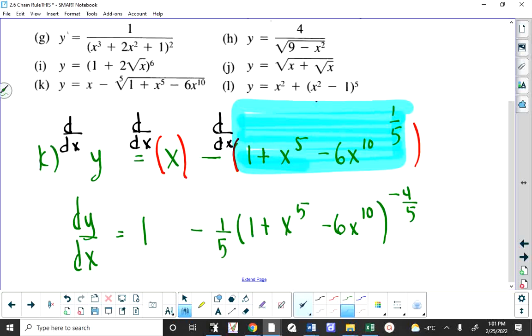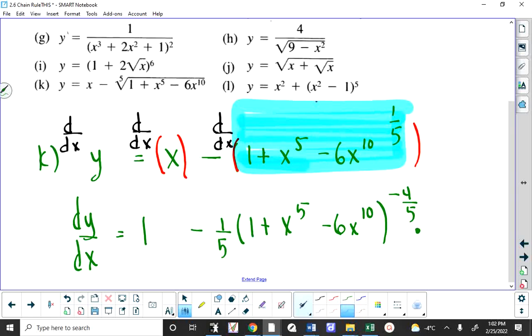And then the chain rule says I have to multiply by the derivative of what's inside. So now, what's inside? What's inside is a sum. 1 plus x to the 5 plus negative 6x to the 10. And the derivative of a sum is the sum of the derivatives.